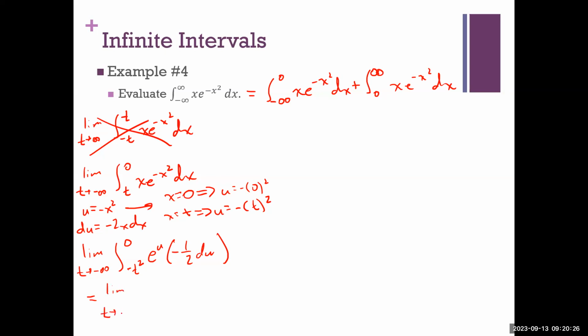What is the integral of e to the u? E to the u, right? So this whole thing becomes 1/2 e to the u from negative t squared to 0.